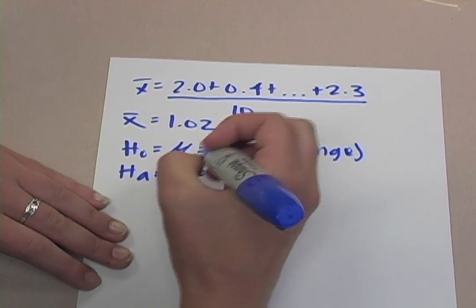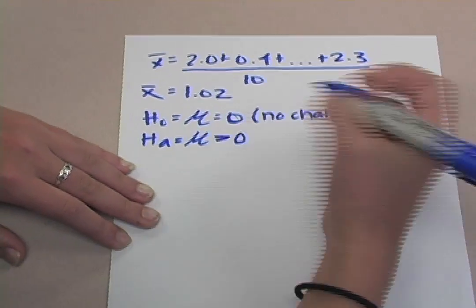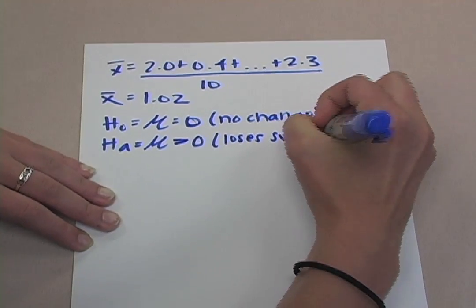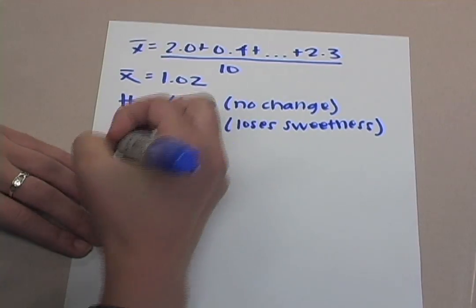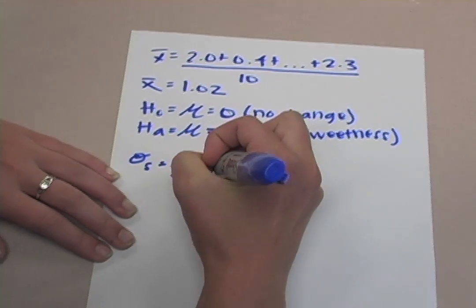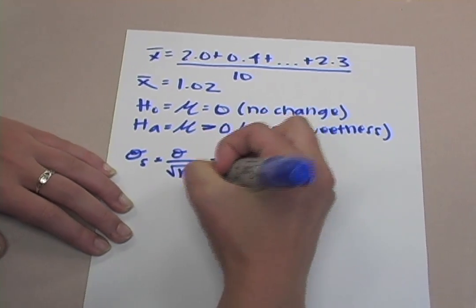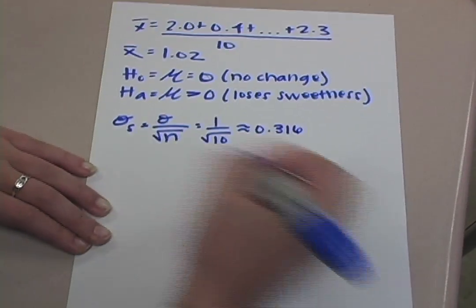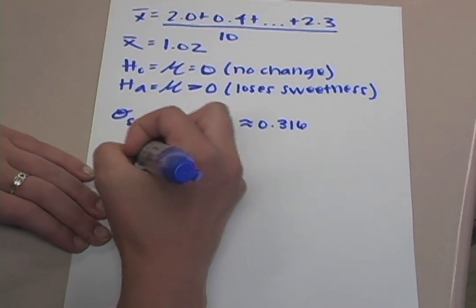And the alternative hypothesis is that μ is greater than 0, or the cola does lose sweetness. The standard error is found by doing the standard deviation divided by the square root of n, so 1 over the square root of 10, which gets me about 0.316.